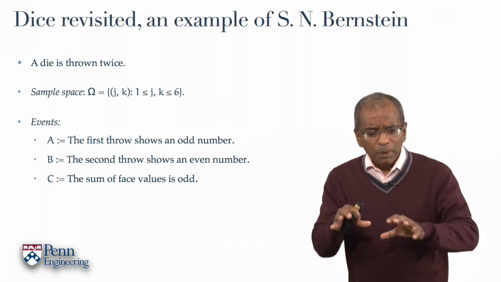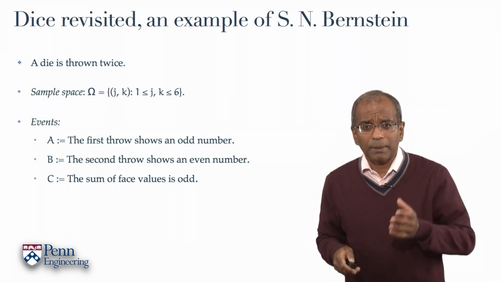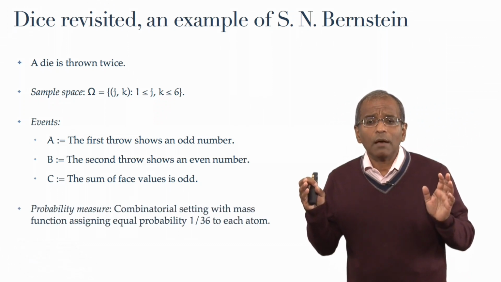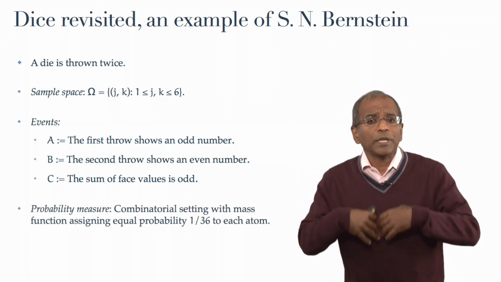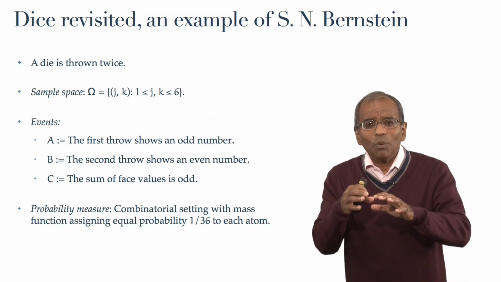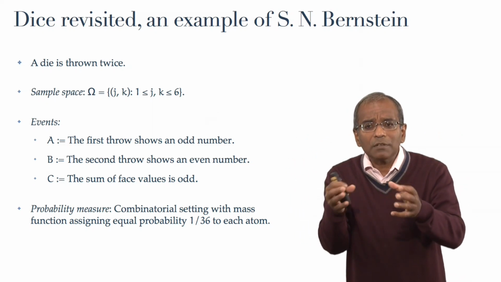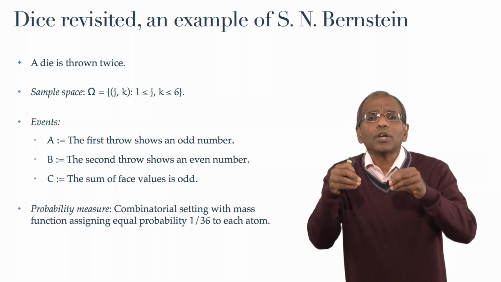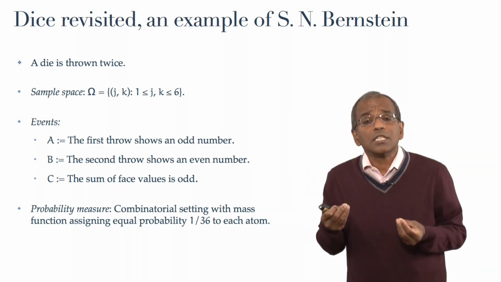Well, we have 3 events here, but before we proceed, let's identify the probability measure. Naturally enough, the die is fair, the repeated throws are independent, whatever that means. In our context, we will identify this as saying that you have 36 atoms in this experiment.